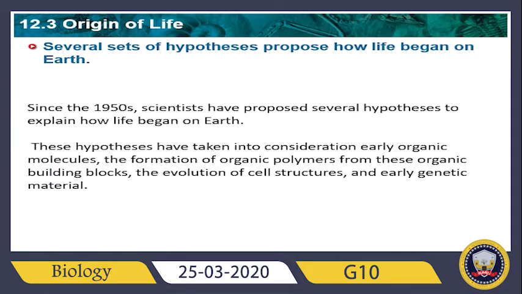So guys, how did life begin on Earth? Several sets of hypotheses propose how life began on Earth. Since the 1950s, scientists have proposed several hypotheses to explain this. These hypotheses have taken into consideration early organic molecules, the formation of organic polymers from these organic building blocks, the evolution of cell structures, as well as the early genetic material.